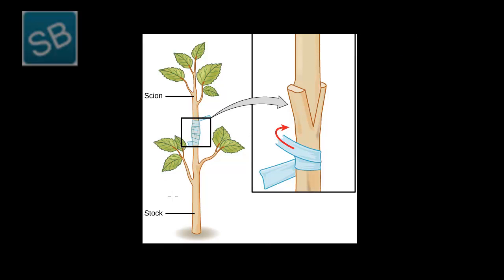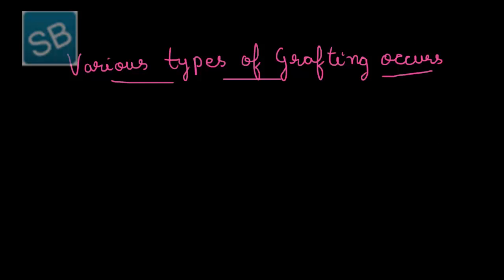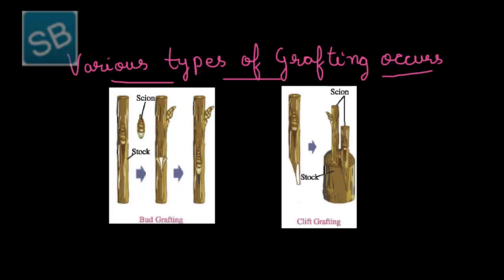This figure depicts the grafting method in plants. As can be seen, the stalk or the main supporting plant receives the scion, a part of the tissue extracted and inserted into it, with the help of which a new plant is developed. After studying the grafting method, there are various types of grafting. For example, bud grafting and cleft grafting are the main methods.